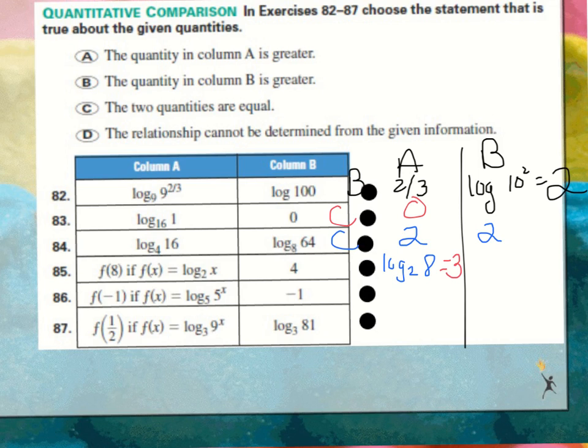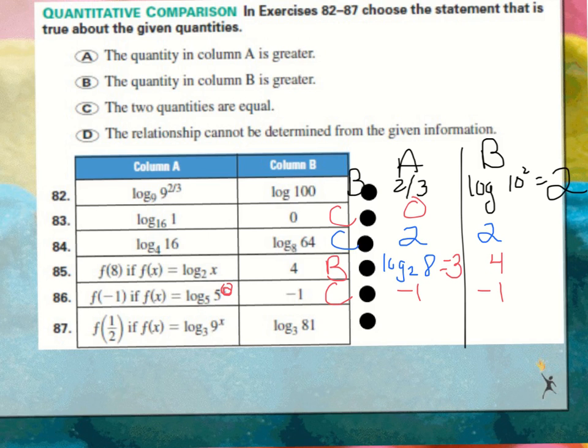That's 3. The value in column B is 4. So B is greater, so that is choice B. Okay, for 86, when we plug in -1 to the exponent here, the value is going to be -1. So those values are the same.